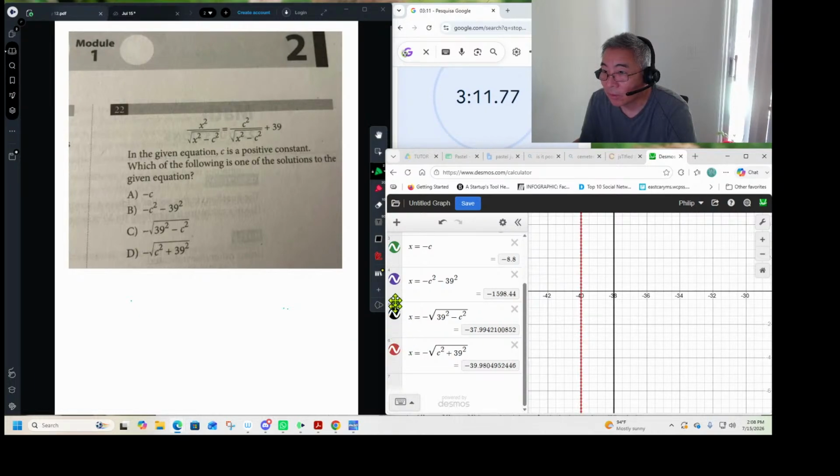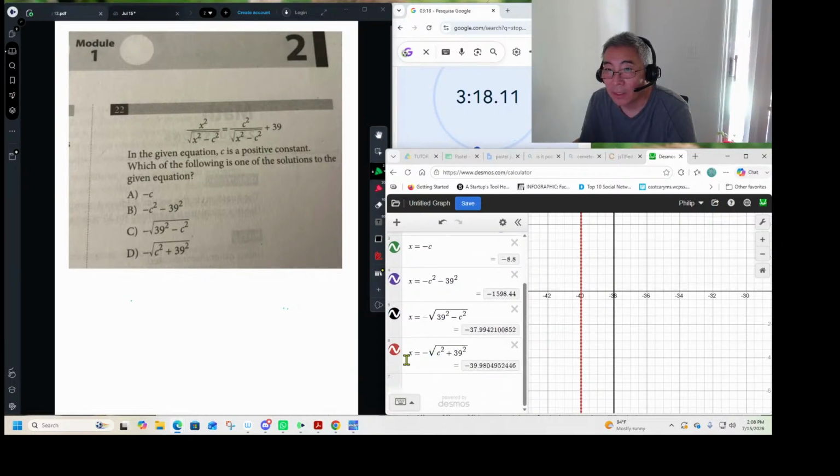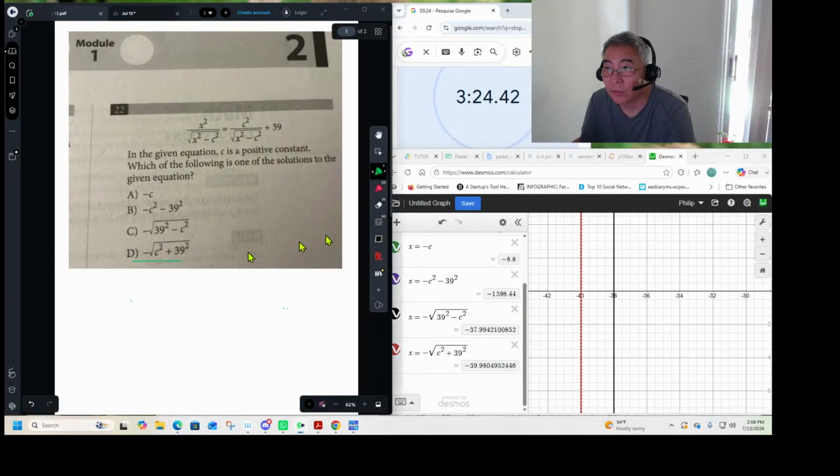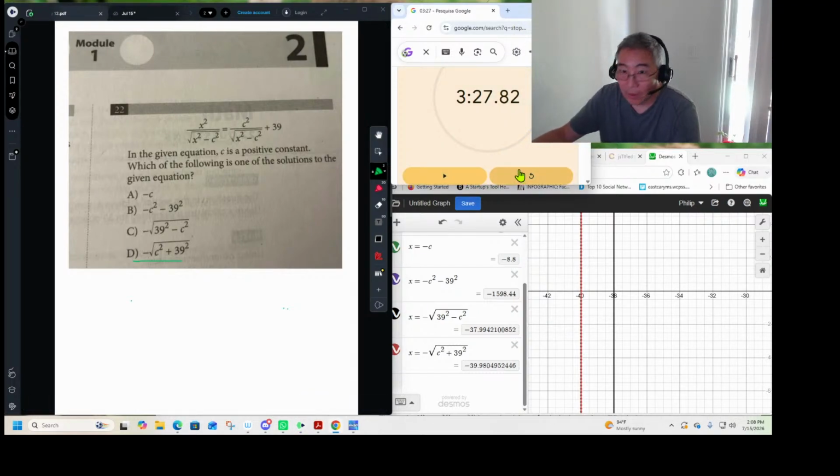Red is correct. Purple is way off. Okay, yeah, so the red is correct, which is this one here. So D is correct. So that took 3 minutes and a half. Three minutes and 20 seconds, let's say.